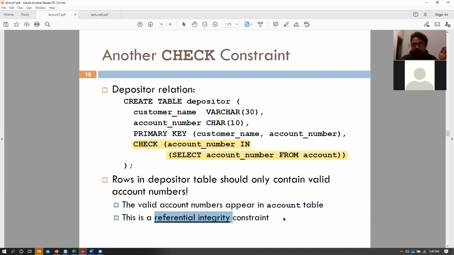But in general, when we have the case where we want something like this, say that we have an employee database and employee records. Let's say that we have two separate tables. One table just states your employee name, your employee ID, and your salary.